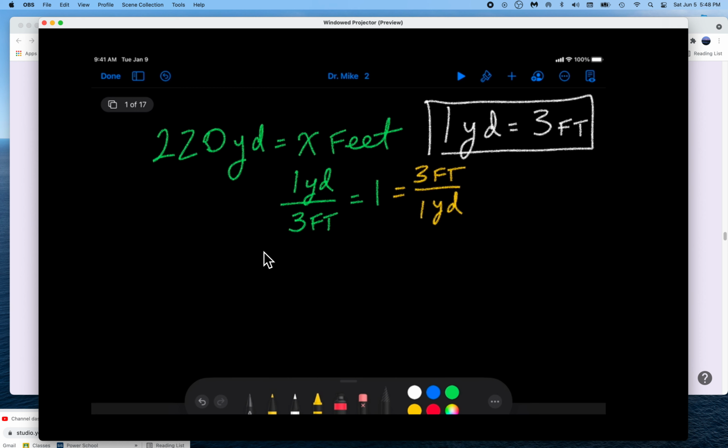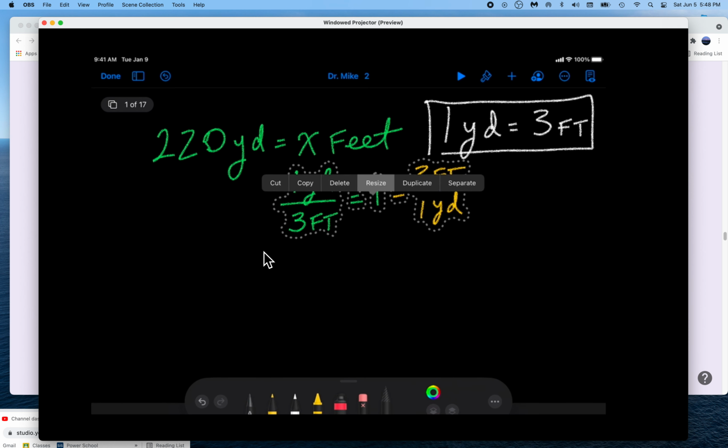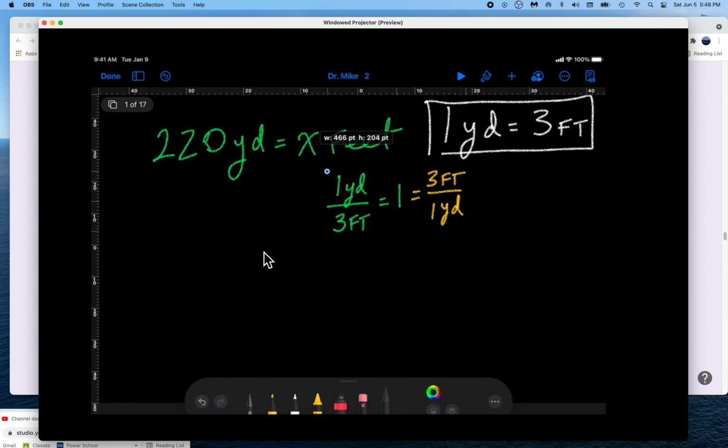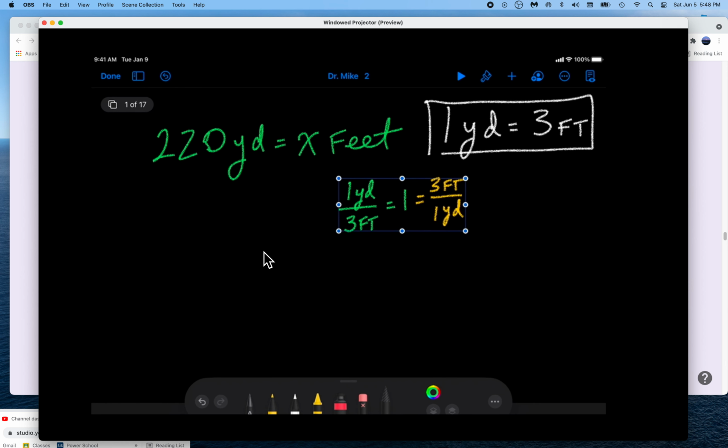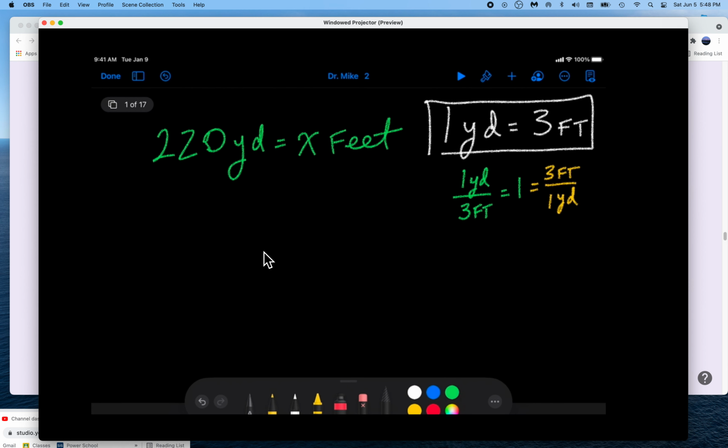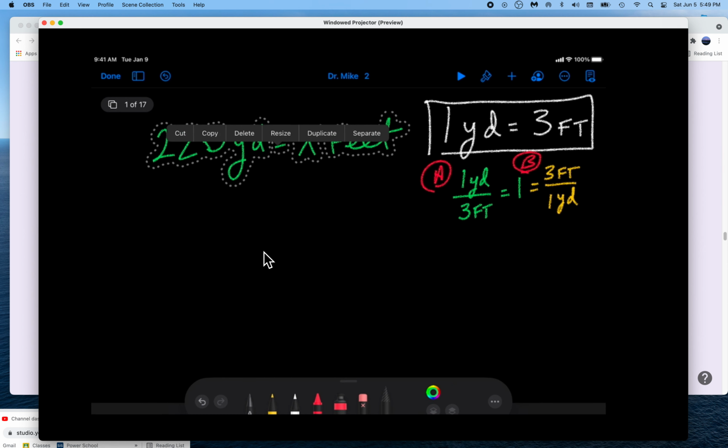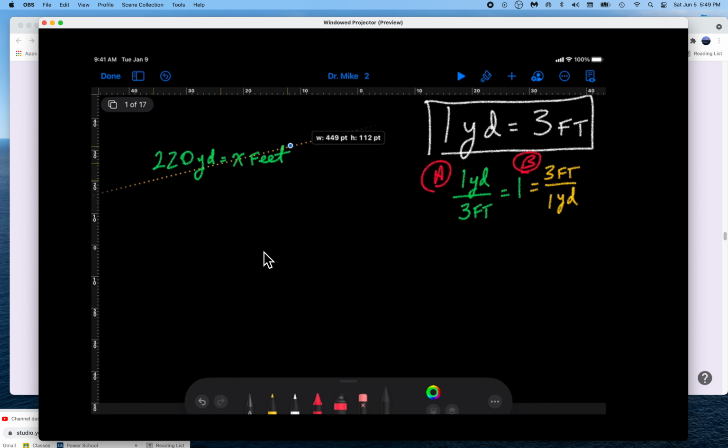Okay, now, how are we going to use this information? First, let's label these two fractions, or shall we say weapons, as A and B. And we don't need this quite so big either.